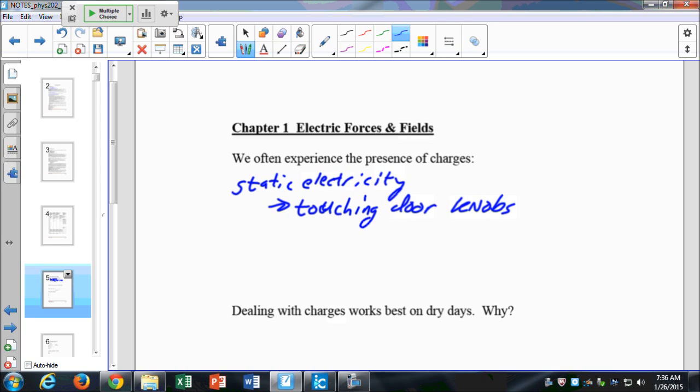No, I don't think so. I would think it would be the other way around, because it's the charges in your hair that will sort of make it stand up. My hair's standing up.